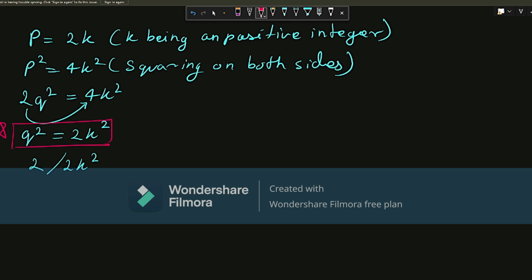In the step below we have 2 divides 2k square, but actually what it gives is that 2 divides q square. So if 2 divides the square of a number, then 2 will also divide that number, right? This is what we need to find.